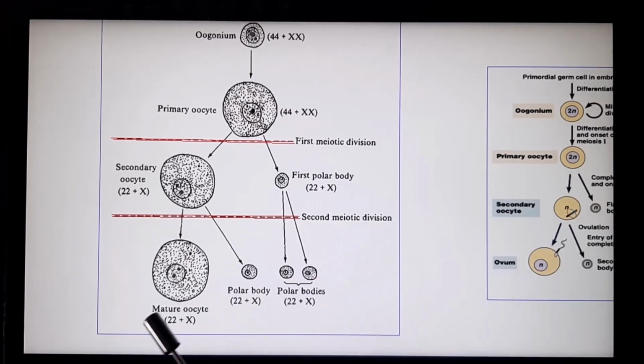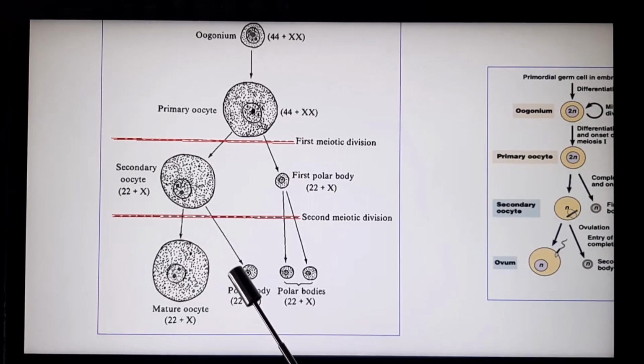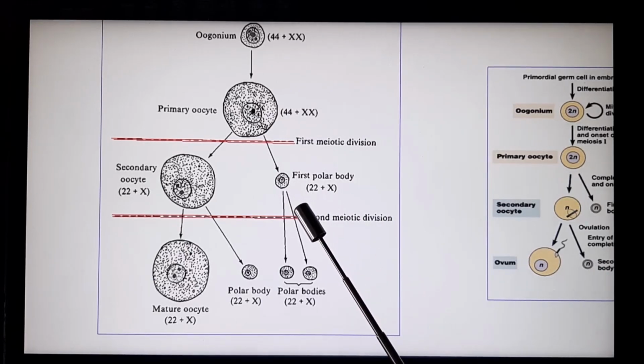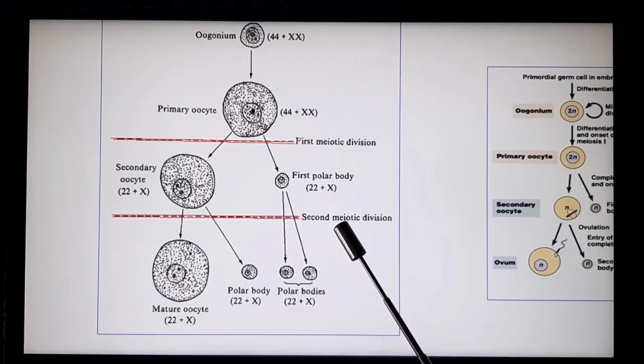During the second meiotic division, the secondary oocyte divides unequally to form a mature oocyte and a second polar body. Both the mature oocyte and the polar body are haploid in nature. Meanwhile, the first polar body also undergoes second meiotic division, resulting in 2 polar bodies.